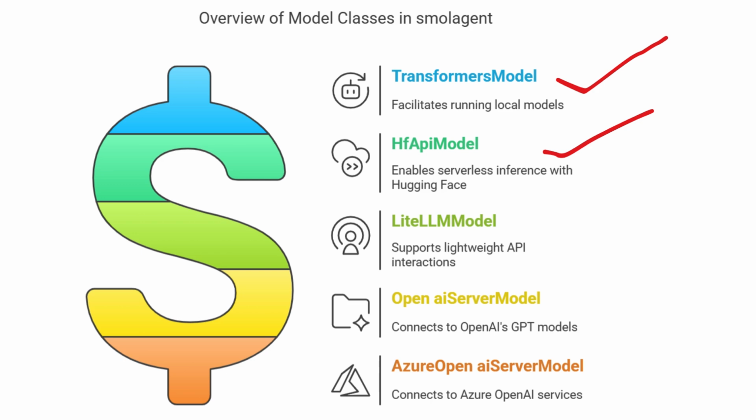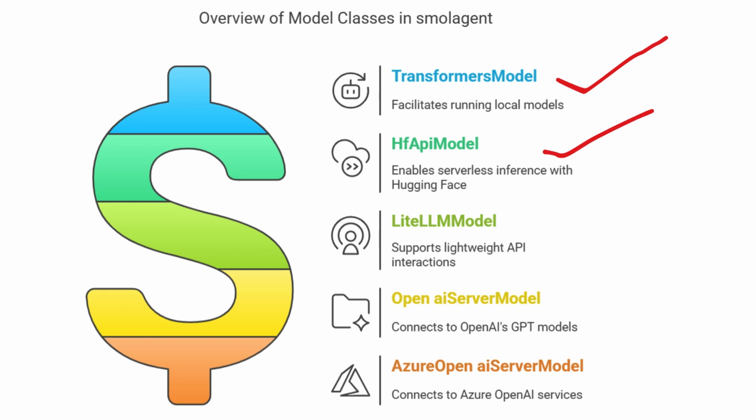This is especially useful if you don't have the hardware required to run large language models locally. High-end AI models often need powerful GPUs and a lot of memory, which can be expensive and difficult to set up. By using the Hugging Face API, you can access state-of-the-art models on demand without any installation or maintenance.